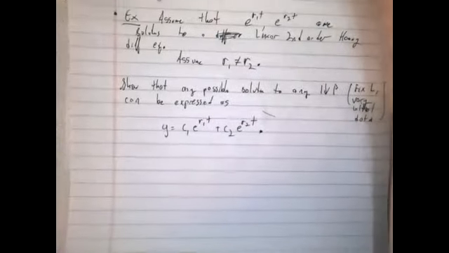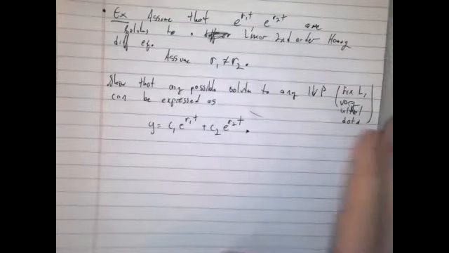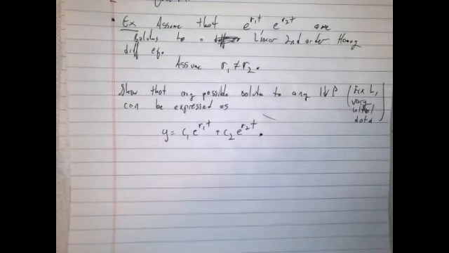So can someone tell me what you should be checking? I want to check the Wronskian of e to the r1t and e to the r2t.